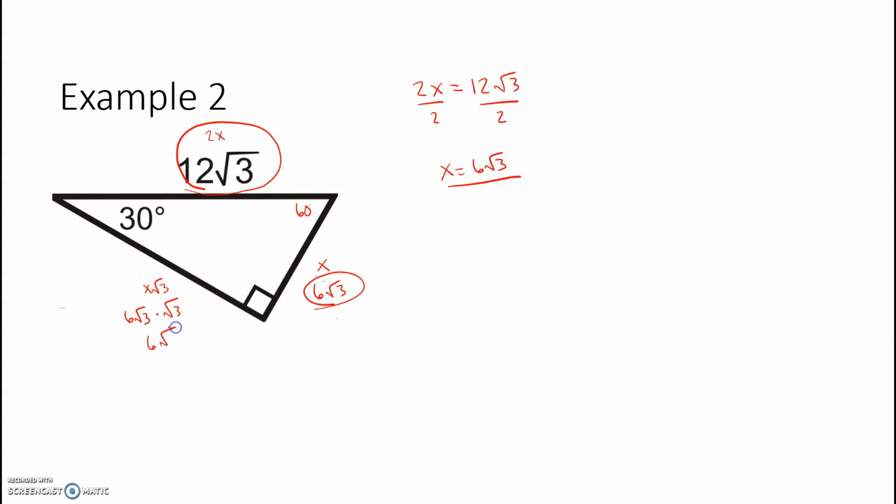So we have root 3 times root 3 is the square root of 9. Square root of 9 is 3. 6 times 3 is 18. So our hypotenuse was 12 root 3. Our short leg was 6 root 3. And our long leg was 18. So depending on what the problem asks for.